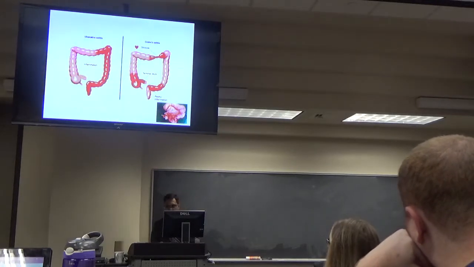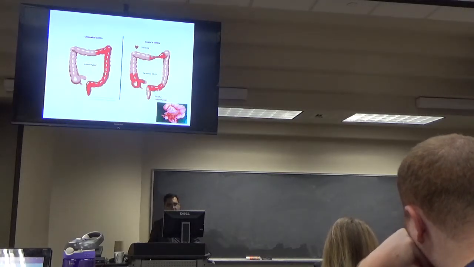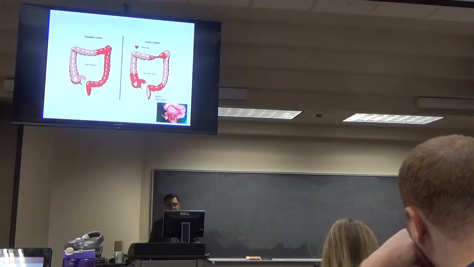Once again, ulcerative colitis, you can see it's a continuous disease from rectum going up. Crohn's disease, patchy, transmural, so you can even develop strictures. Now, here you can see specimen, terminal ileum, inflamed.